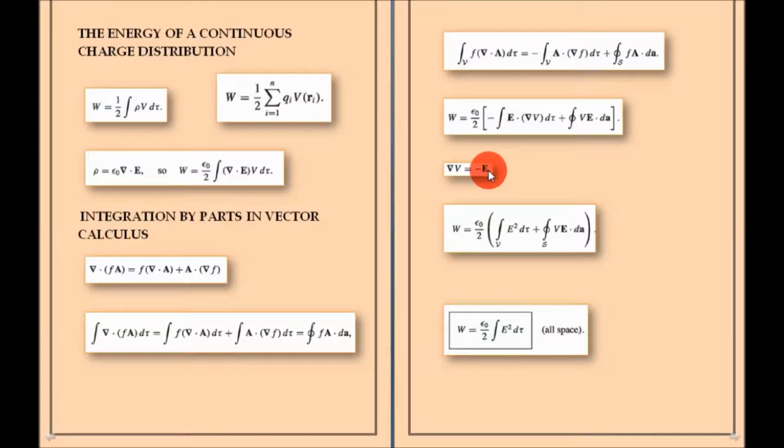So replacing the gradient of V from this equation and substituting the value, that is minus E, we have work done equals epsilon naught by 2 integration E square dV plus surface integration of V E dot dA.